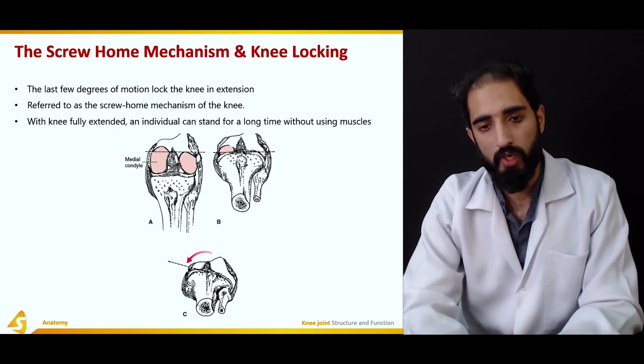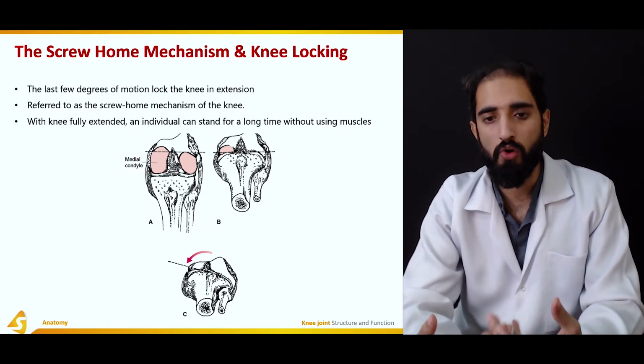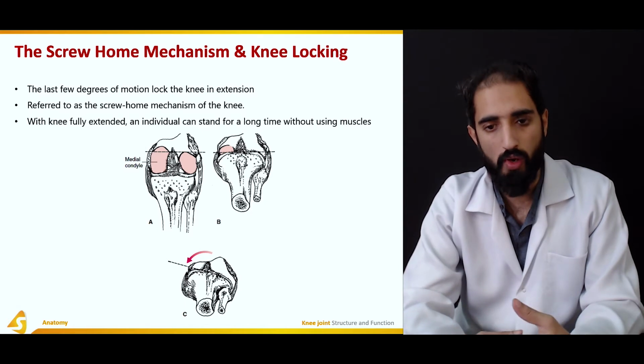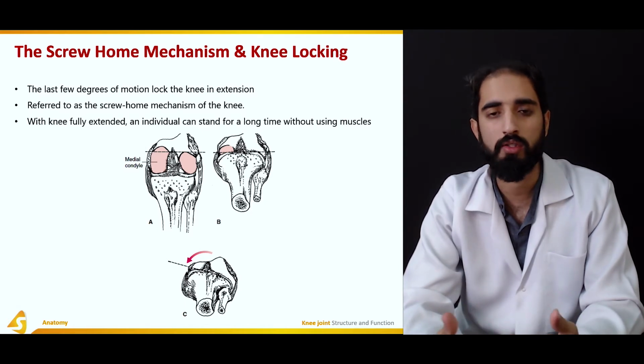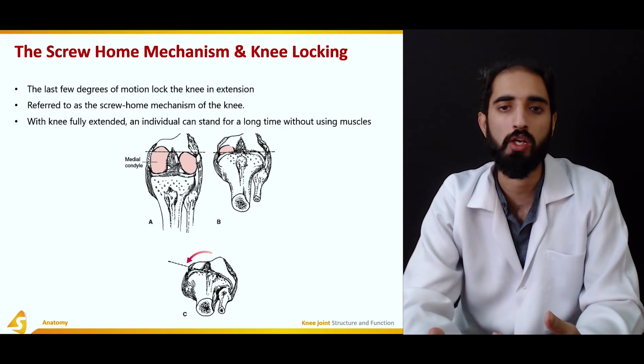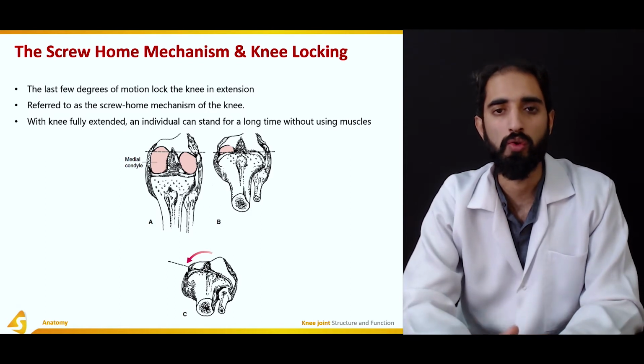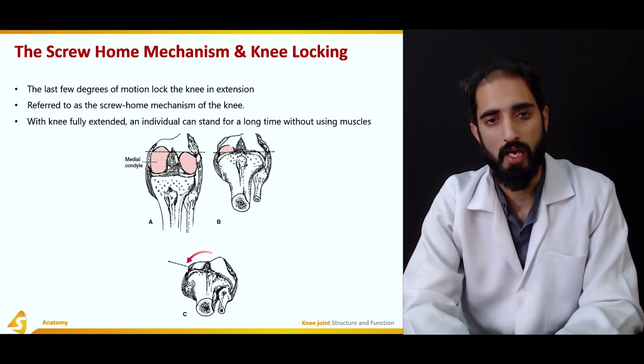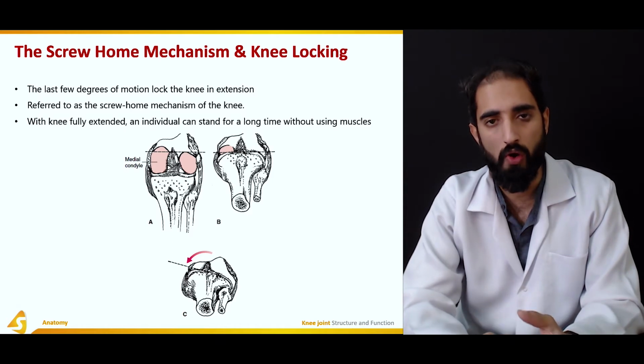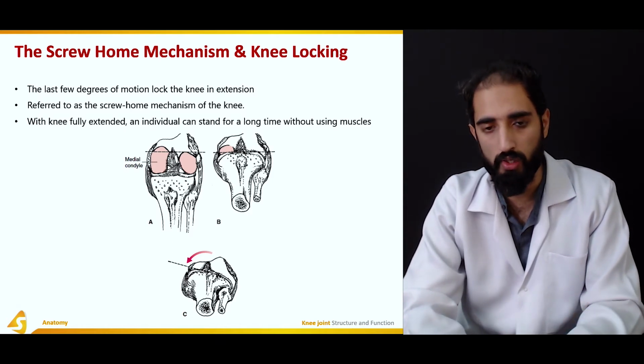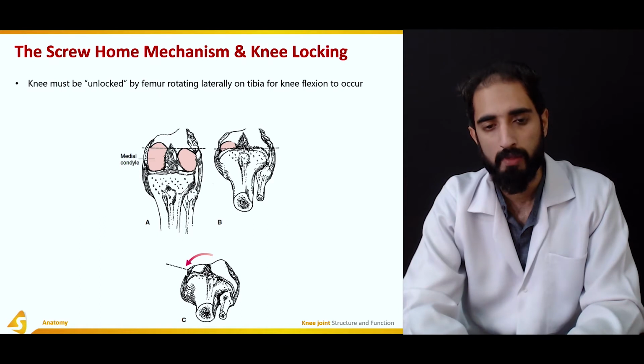Now when the knee is fully extended, because of this screw home mechanism and rotation at the knee joint, an individual can stand for a long time without using dynamic components such as muscles to keep himself in a standing position, because his joint is locked and it will not go into flexion.